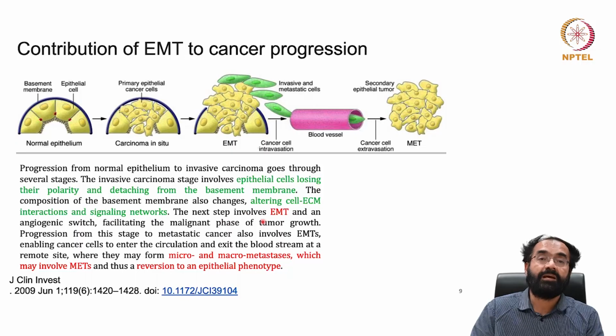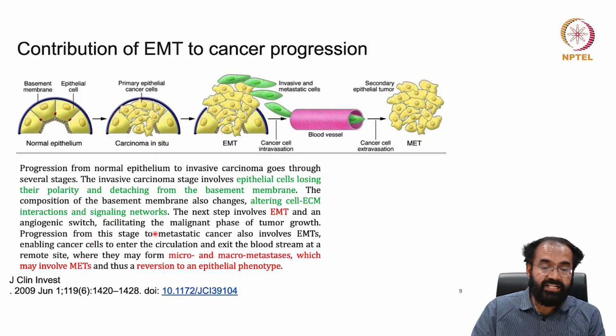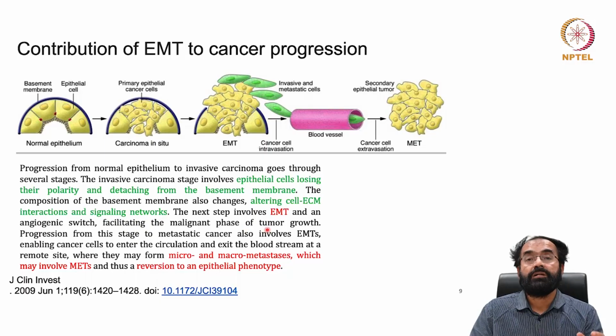The next step involves EMT, that is epithelial to mesenchymal transition, and an angiogenic switch. That means it is favoring the formation of new blood vessels, because only then will the newly formed cells get the nutrition, facilitating the malignant phase of tumor growth.